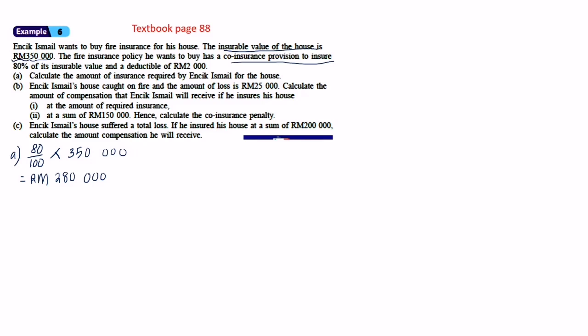Okay, B1. Ismail's house caught on fire and the amount of loss is 25,000. Calculate the amount of compensation that Ismail will receive if he insures his house at the amount of required insurance.